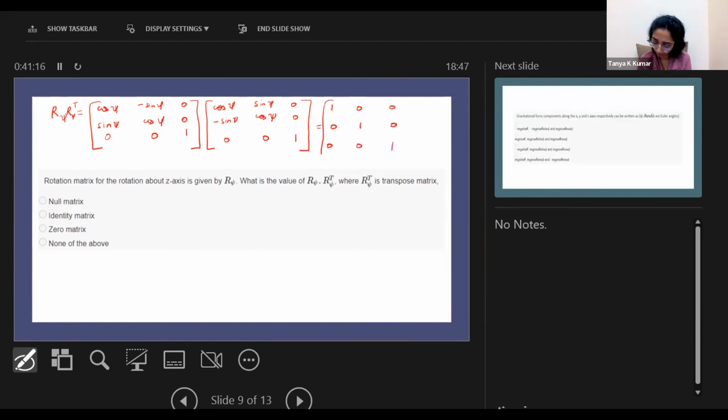So you get an identity matrix. Okay, this is true of any of those principal rotations. Principal rotations are rotations about the axes. So R_Z, R_X, R_Y, the products of these principal rotations and their transposes give you an identity matrix. So R xi into R xi transpose is always an identity matrix. The principal rotations have this property.